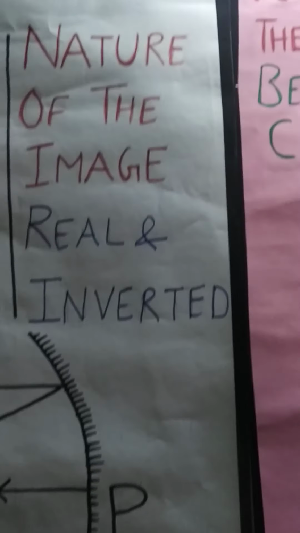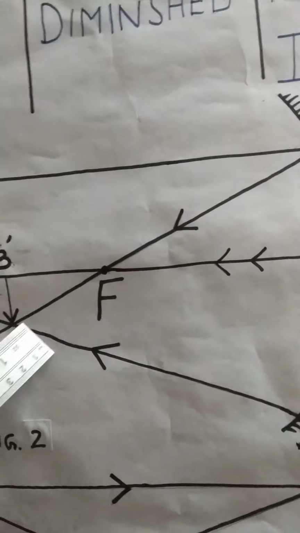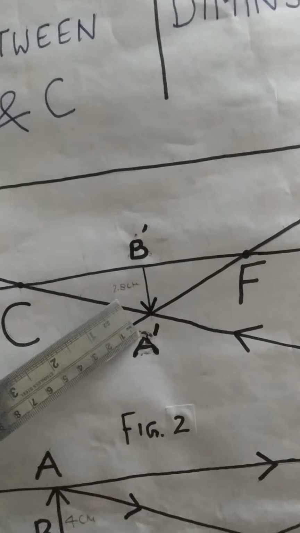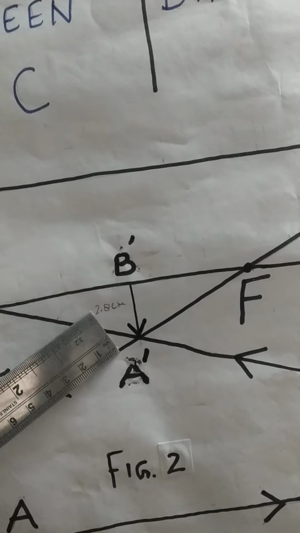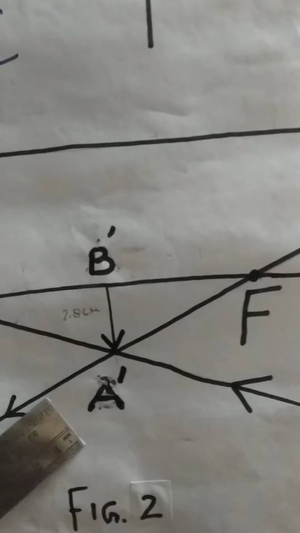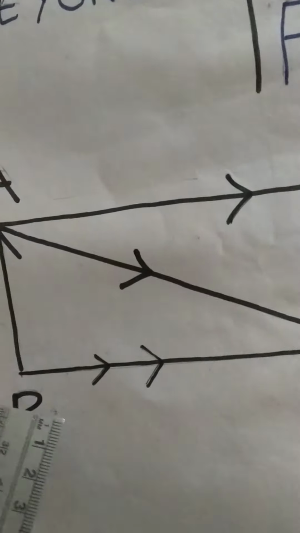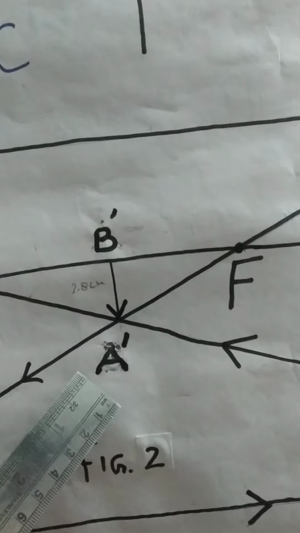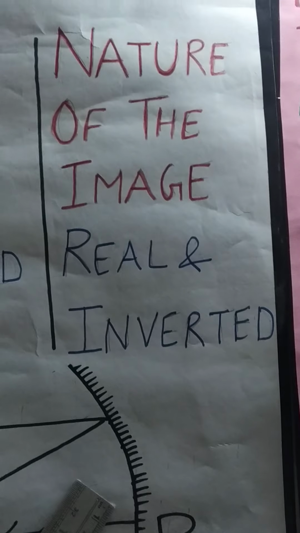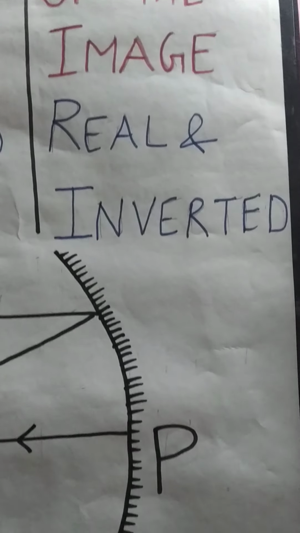Nature of the image: real and inverted. Direction of the image B dash A dash is downward, and direction of the object is upward. So nature of the image is real and inverted.